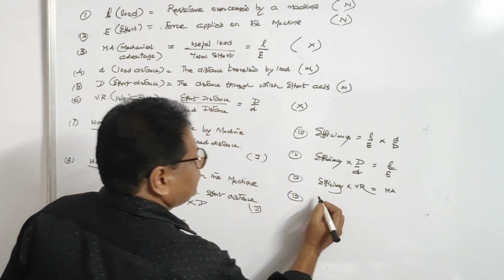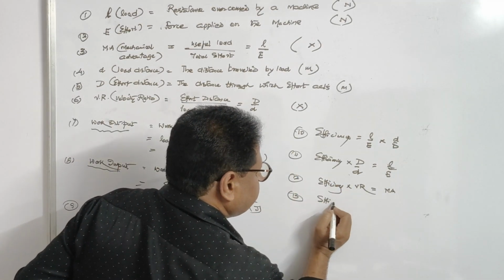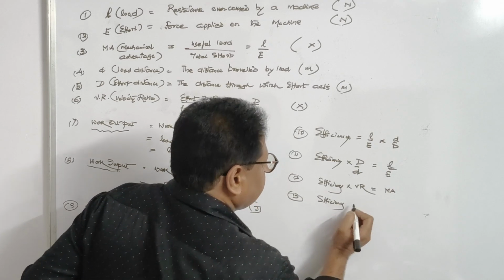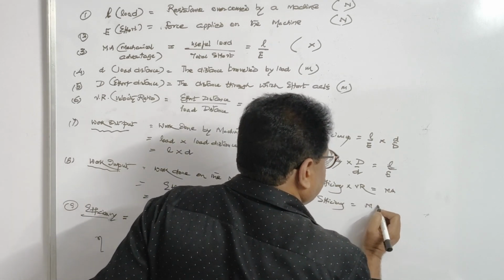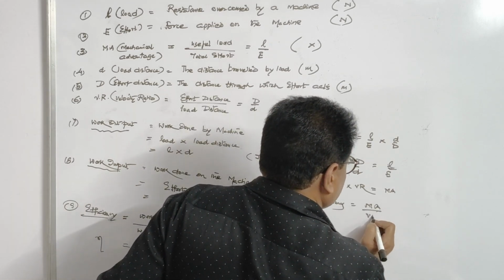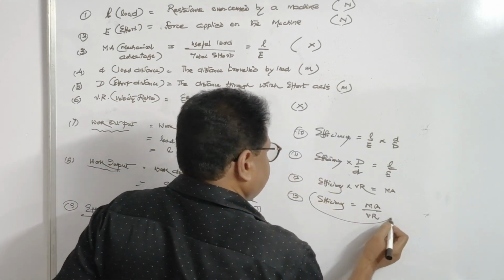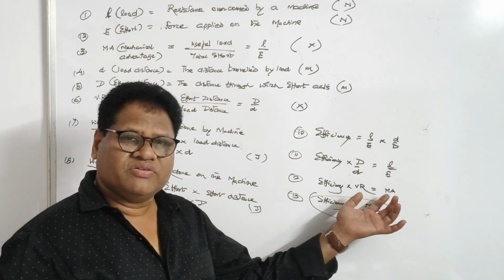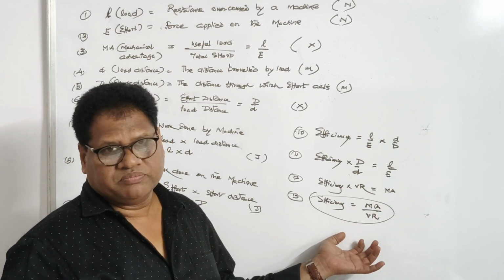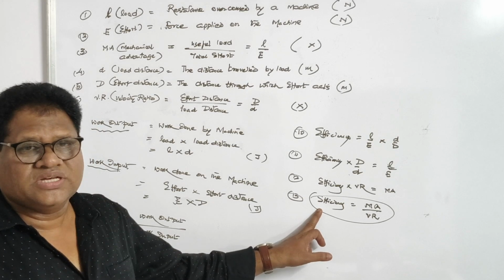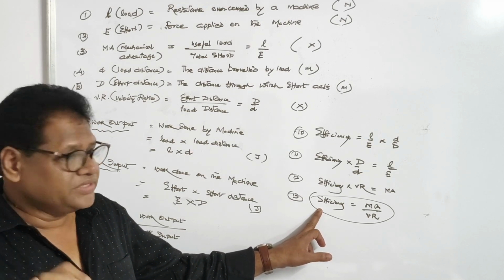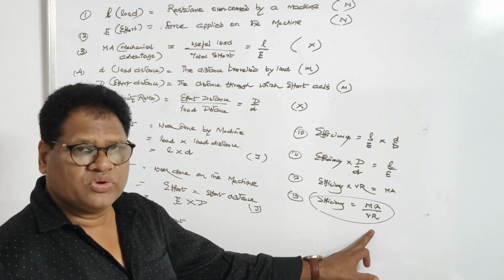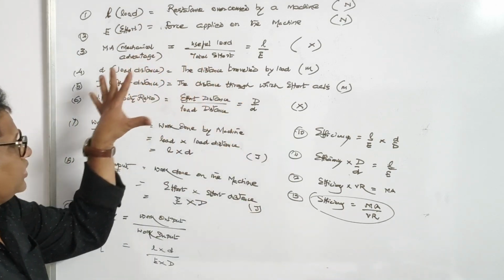So ultimately efficiency equals mechanical advantage by velocity ratio. This is the derivation for the relation between efficiency, mechanical advantage and velocity ratio. So eta, that's a Greek letter, equals MA by VR.